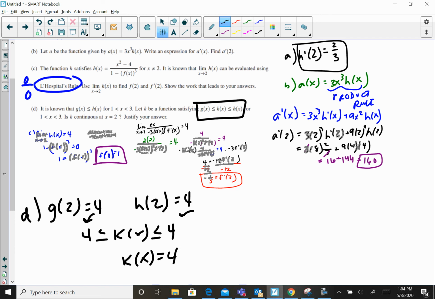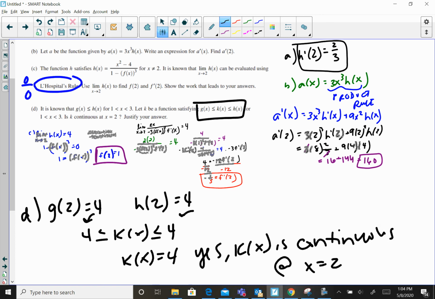And if k of x is 4, that means it is continuous at 2. That was just a conceptual question. Could you pull it together and make it fit? Yes, you can. Since g and h are both continuous functions and they're both 4, there's no number between 4. So it's got to also be 4, which means it's a continuous function.